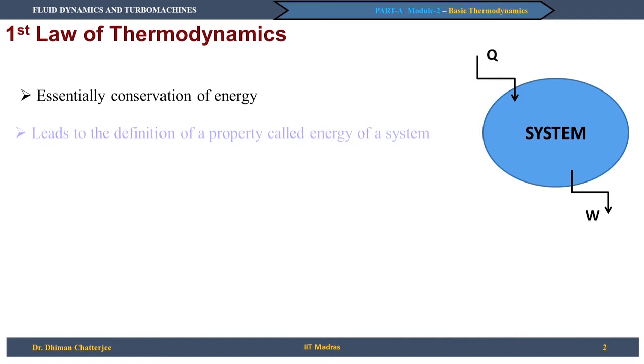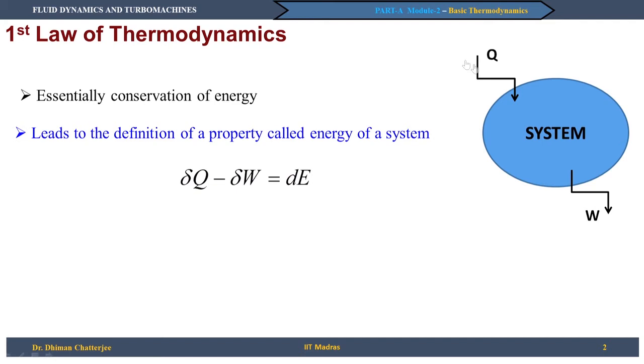So, the first law tells me that there is a property called energy of the system which will change as a result of the interaction of heat and work with the system, and we get the first law of thermodynamics, del Q minus del W equal to dE.